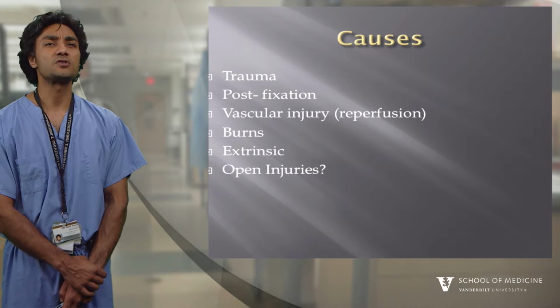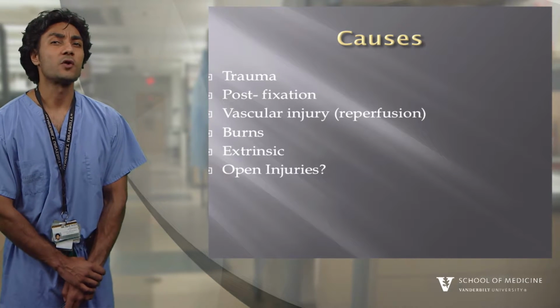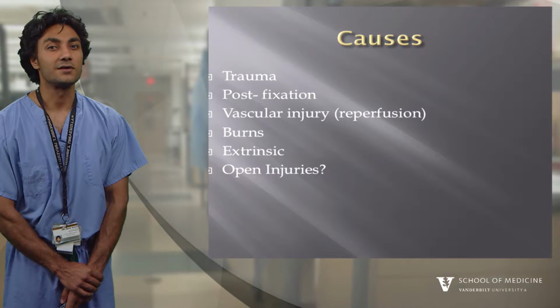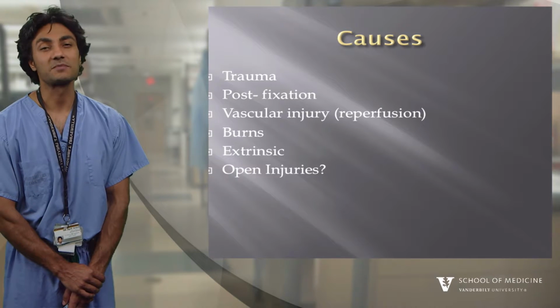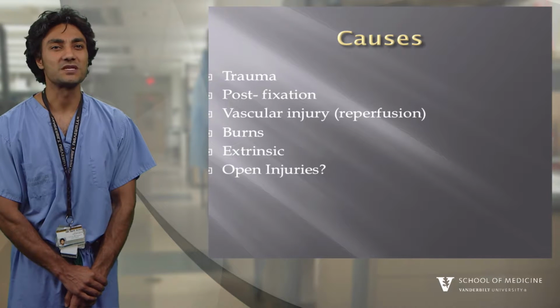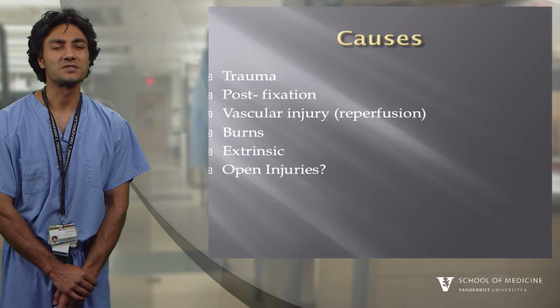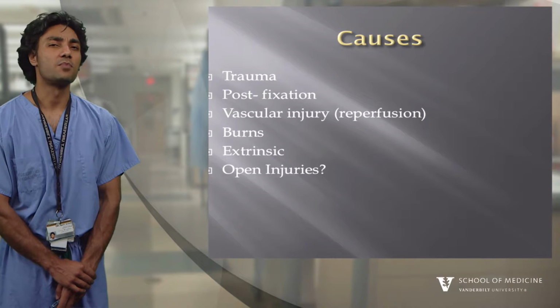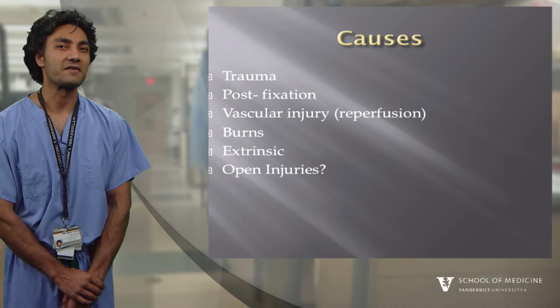And then the question always occurs, what about open injuries? Well, first of all, open injuries are susceptible to compartment syndrome just like a closed injury. Just because you have a small, tiny poke hole in the fascia, that's certainly not enough to vent a compartment and prevent you from having compartment syndrome.